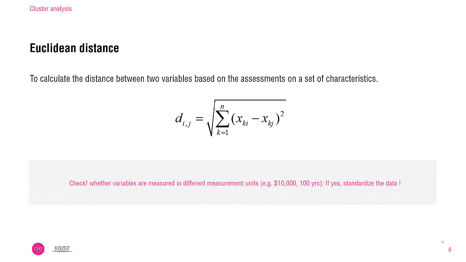I mentioned the Euclidean distance a couple of times. Euclidean distance calculates the distance between two items based on the assessment on a set of characteristics. But in fact, you will discover that you are already familiar with it. Remember how you calculate the distance between 2 points in 3-dimensional space.